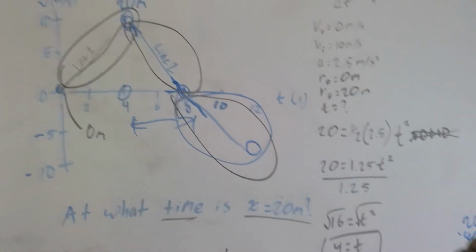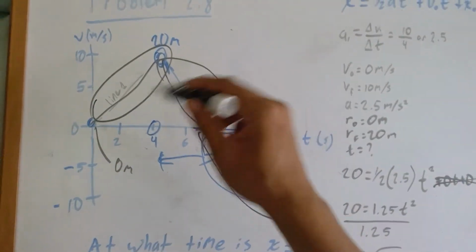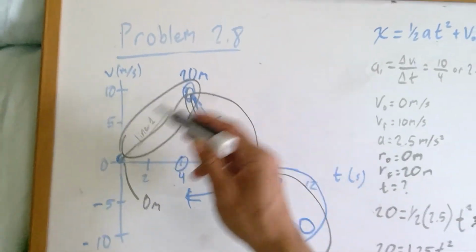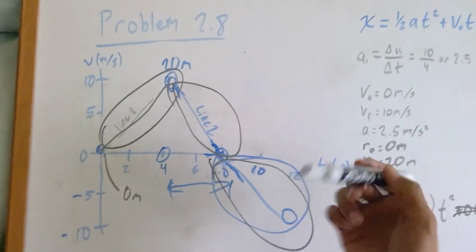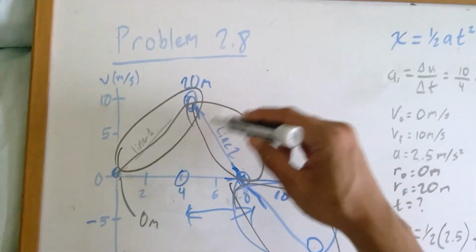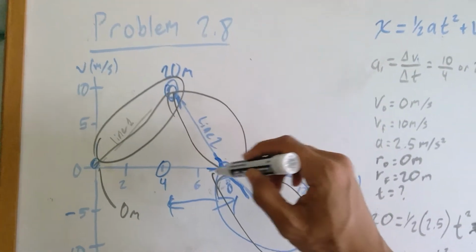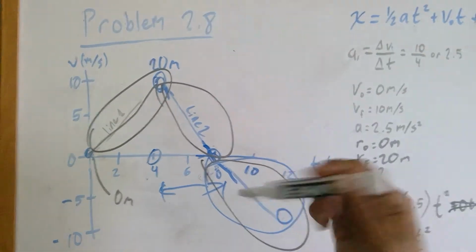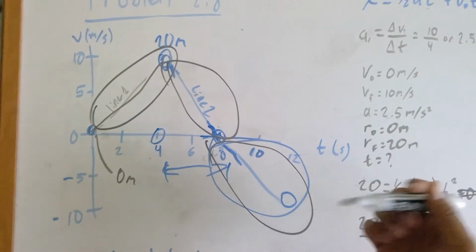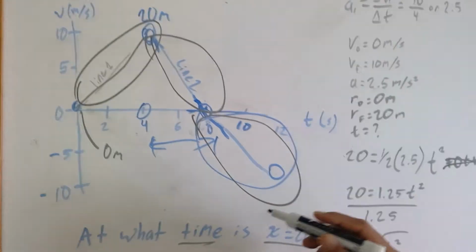Since they're all the same values, you could say that the change in position in each of these graphs is the exact same. So from here, it's a positive 20. Here is another positive 20 because it's still in the positive position on the graph. Then here would be negative 20 because it's on the negative velocity side.